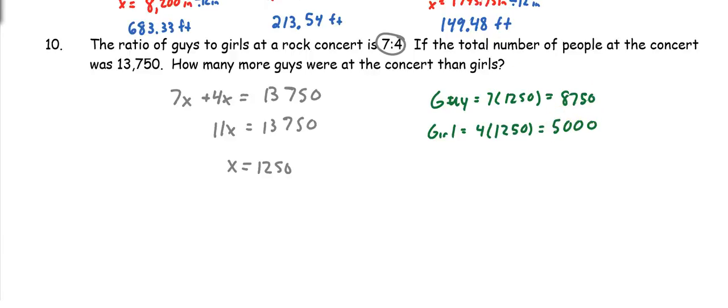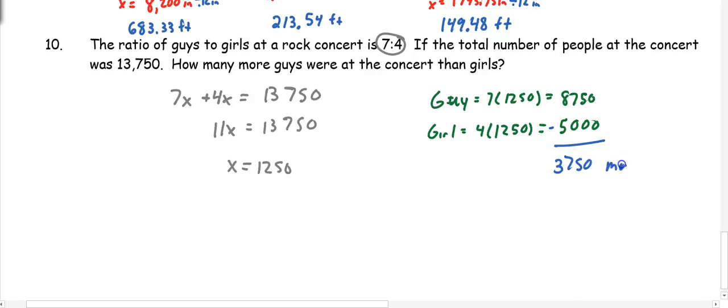So to figure out how many more guys there were, we can subtract these two numbers, and we get 3,750 more guys at the concert.